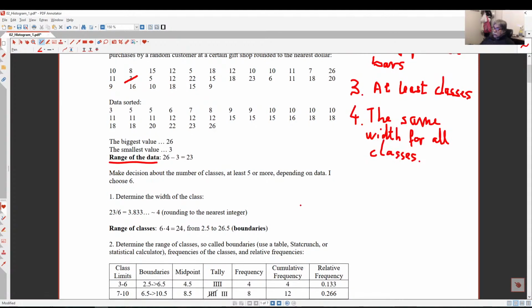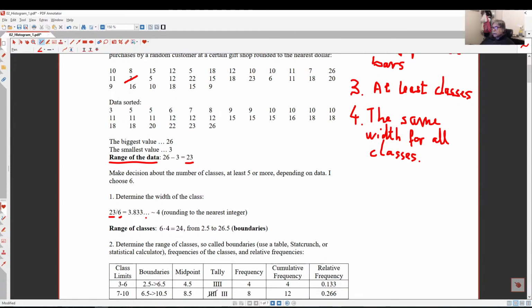So I am trying to cover a range of 23 with 6 classes. So I have to decide the width of a single class, and they all have to cover the range of 23. I'm dividing the range of sample with the number of classes, and my end result here is 3.83 with repeating 3 as digit.